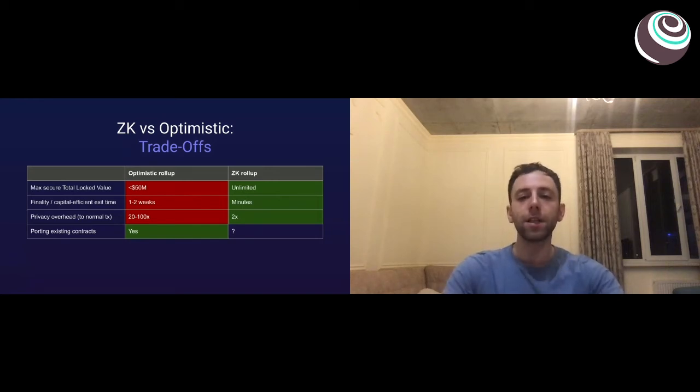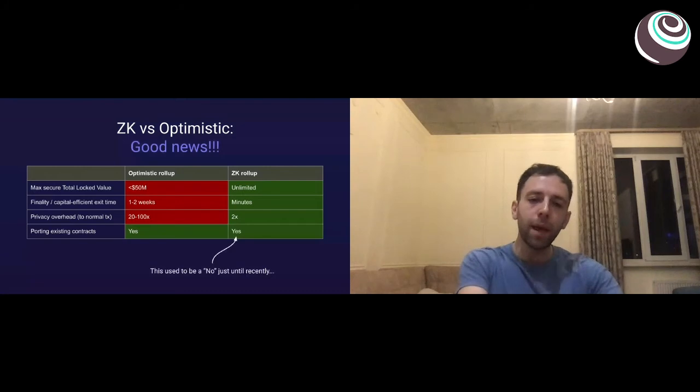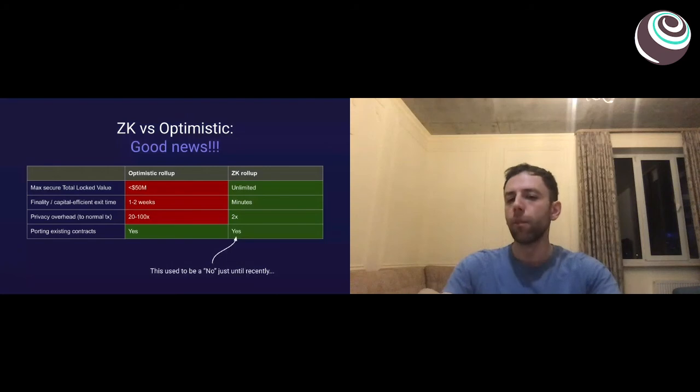But now this has actually changed. So there are generic contracts on zk rollups, and they are generic to an extent where you can take existing Solidity code and compile it and port it to a zk rollup almost without modifications, or for most contracts, it won't require any modification. We will publish something interesting about this in the coming weeks.